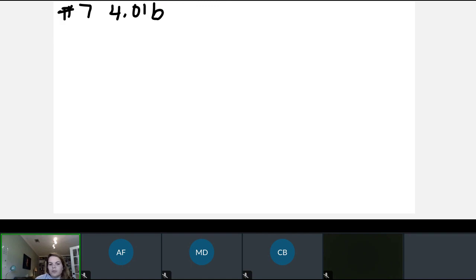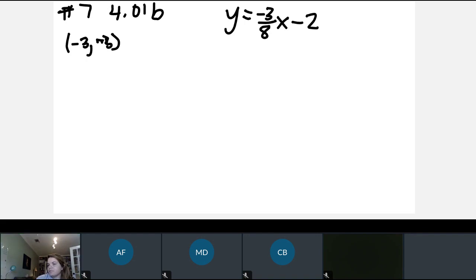All right, so for 4.01b, number 7, it says, what's the equation of the line in slope-intercept form that passes through the point (-3, -3) and is perpendicular to the line represented by y equals -3/8 x minus 2.